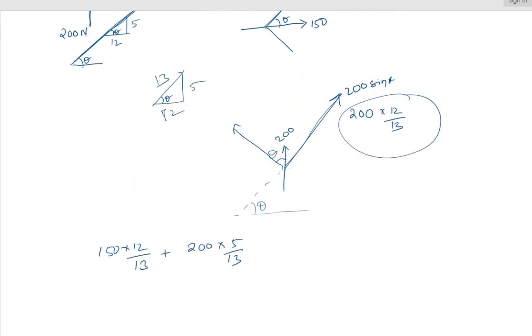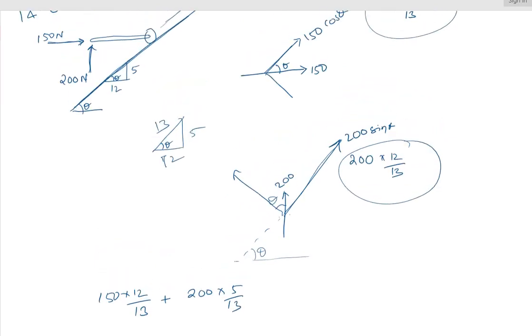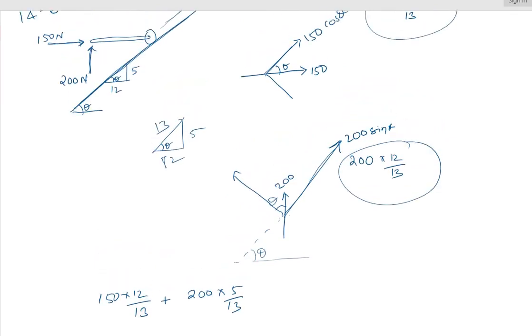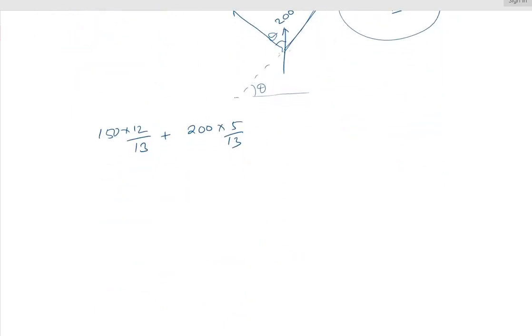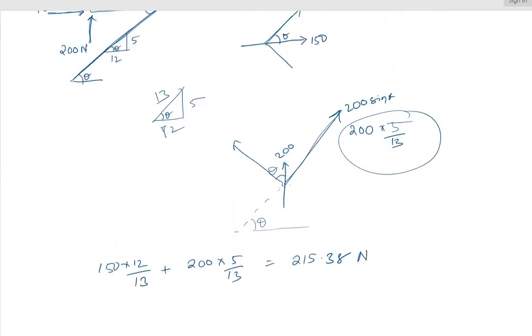So this is sine theta, right? Yeah, that should be 5, I'm sorry, 5 over 13. So that comes to 215.38 newtons.